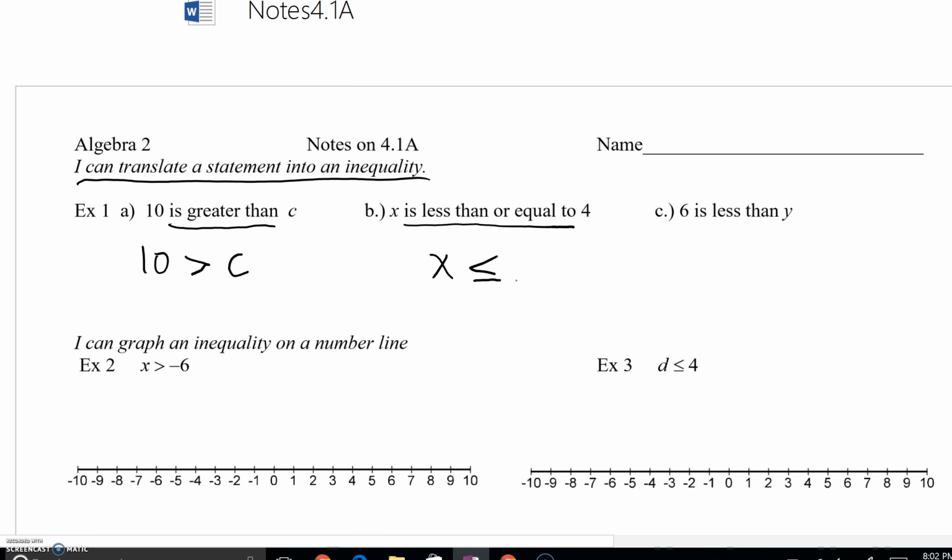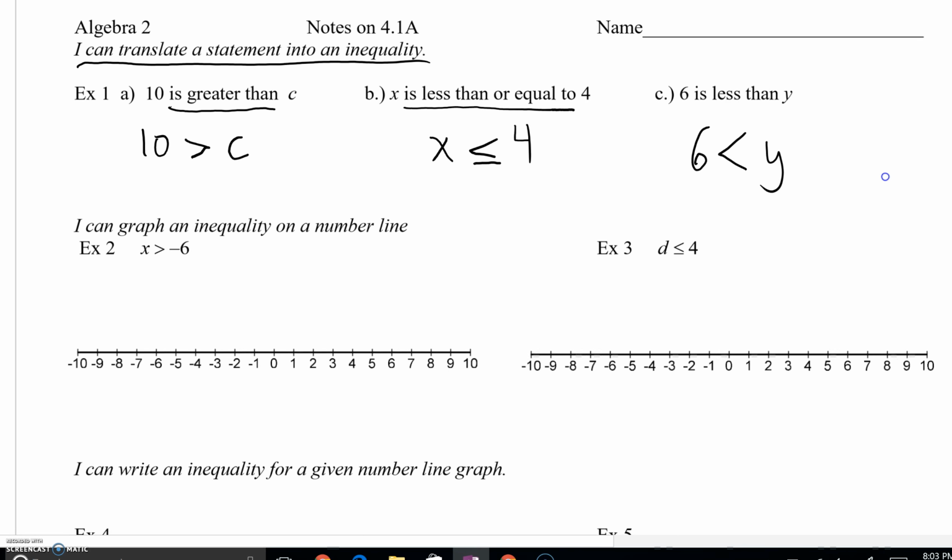Is less than is just that arrow pointing towards the left, but when it says or equal to, we've got the bar below it. 6 is less than y. Well, the less than symbol looks like that. And really, we're done with our first type of problem.